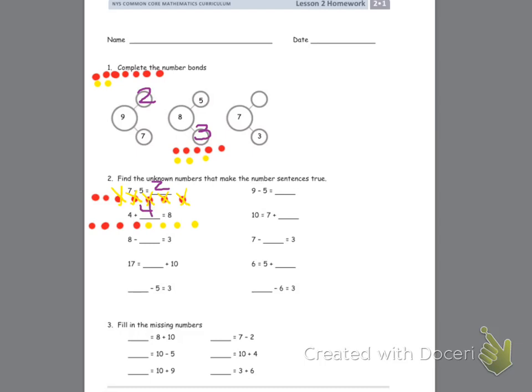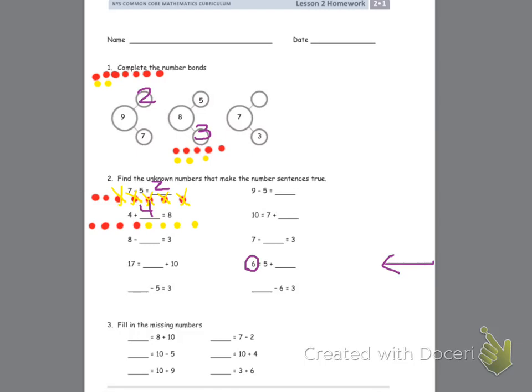Be really careful to look at whether or not each problem is addition or subtraction. Now let's take a look down here at this problem. In this problem, they put the sum at the beginning of the problem. 6 equals 5 plus blank.